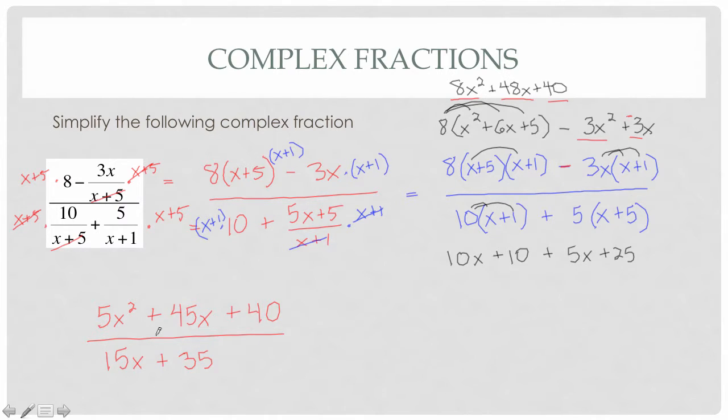I got some common factors of 5s around here, right? If I factor a 5 out of the numerator and factor a 5 out of the denominator and divide out those 5s, I'm left with x squared plus 9x plus 8 divided by 3x plus 7.